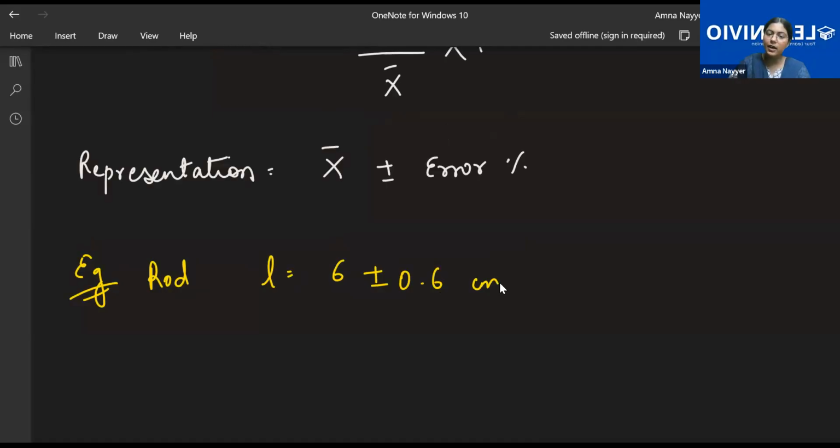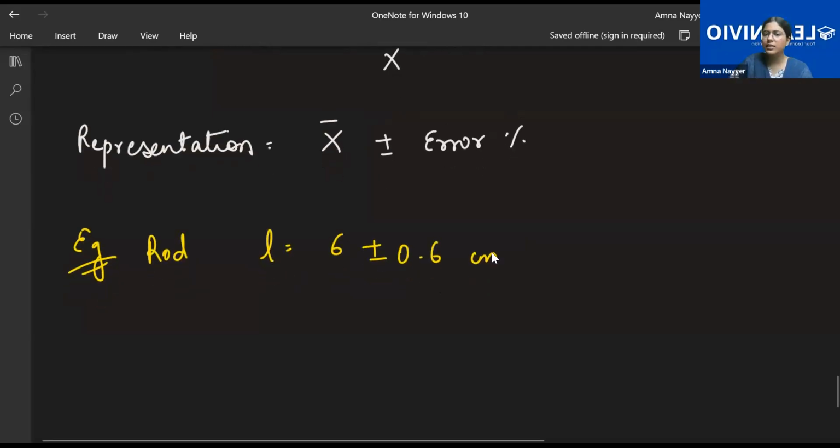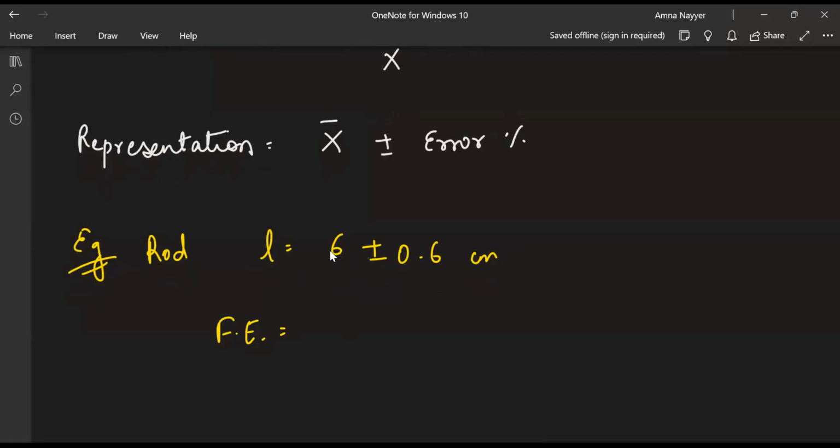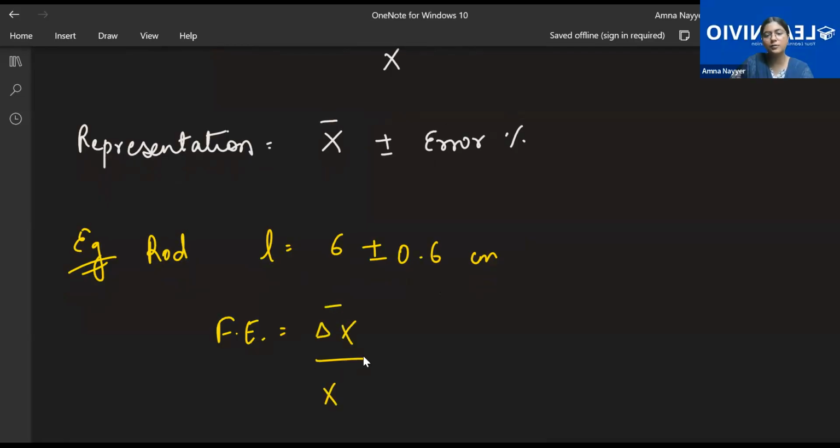Okay, this is it. Now I want to write it in terms of the fractional error and the percentage error. This is after the whole calculation, mean calculation, absolute mean error and everything. So fractional error will be delta x bar divided by x bar.